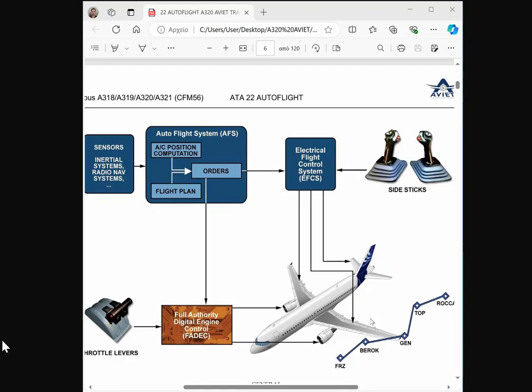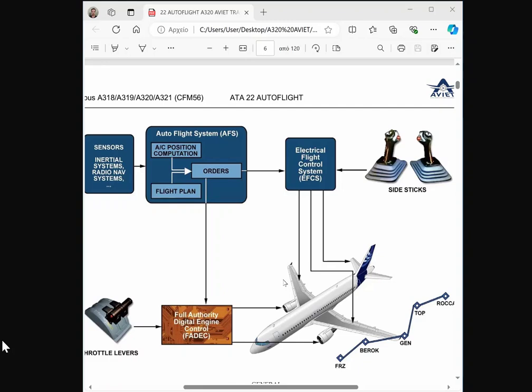Bravo. If you place the thrust levers above the climb, it will follow your orders. If you are at the climb, it will follow the auto thrust. The scale has four positions: idle, climb, max continuous thrust, flexible takeoff, and the fourth one is the TOGA.